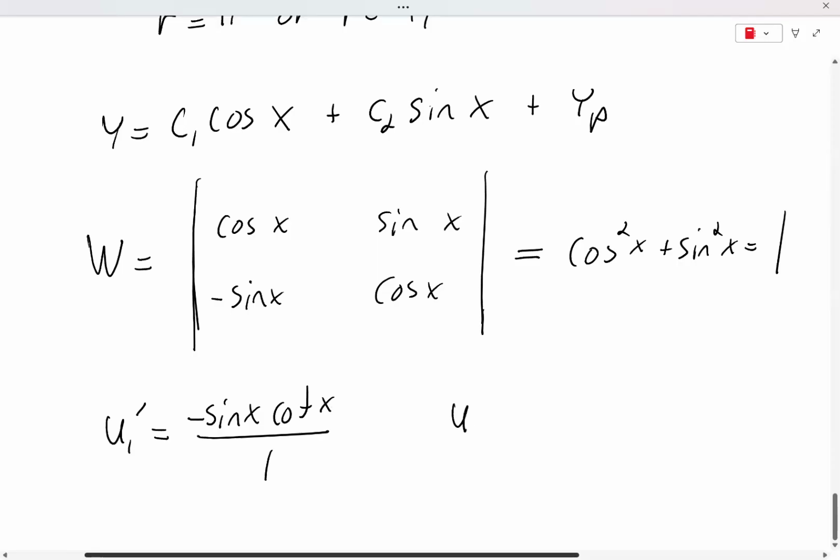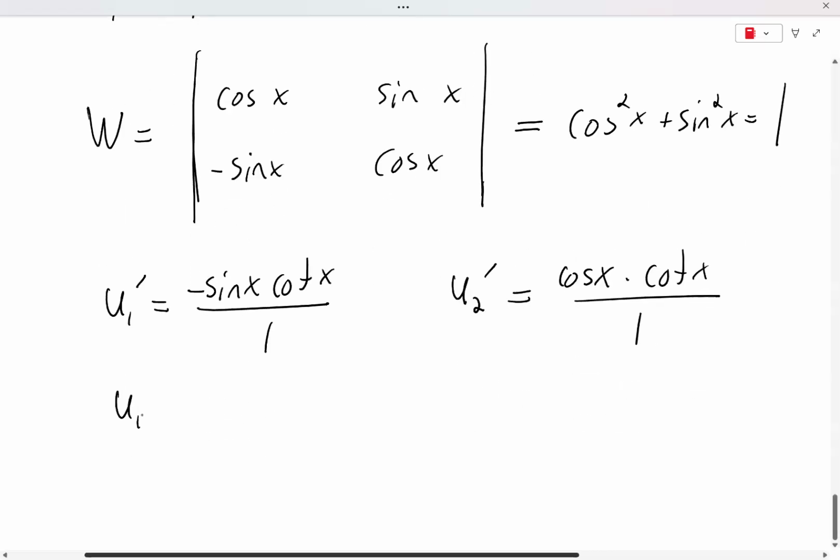And u sub 2 prime is equal to cosine x here, times cotangent x, that's the f of x, again over W, which is 1.